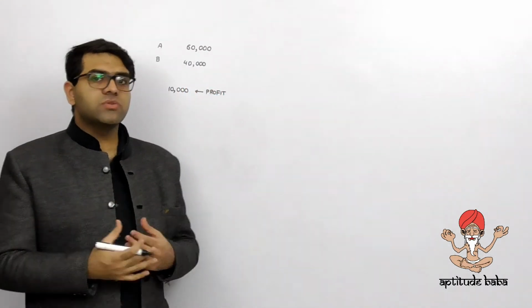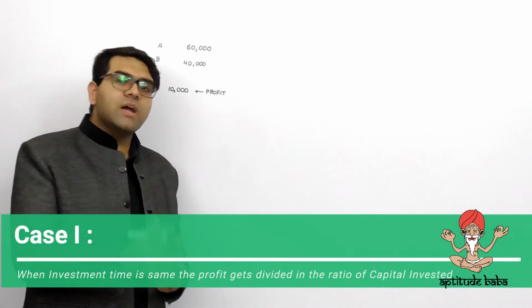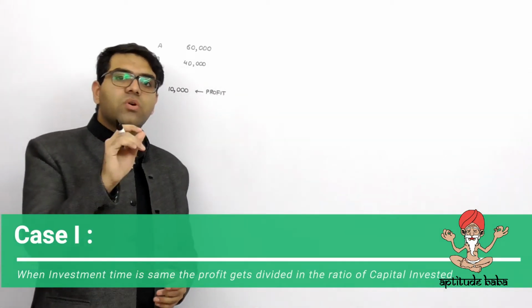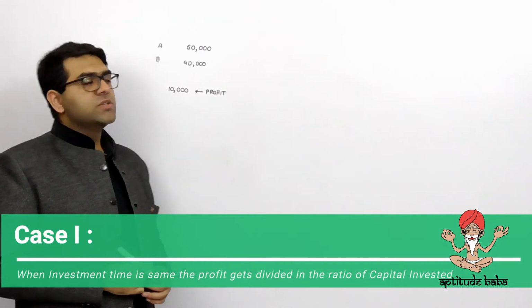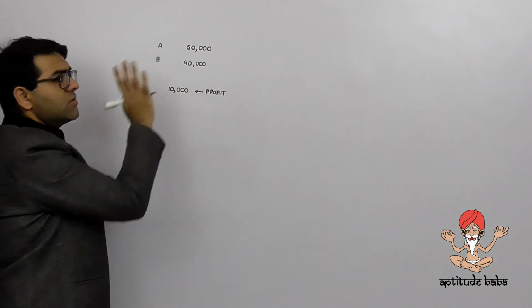Now in such a case जहां पे हमारे पास time given नहीं होता या effort का division given नहीं होता, ratio given नहीं होता, we simply assume that the profit gets divided in the ratio of the capital invested. So in this particular case, the capitals invested were 60,000 and 40,000.